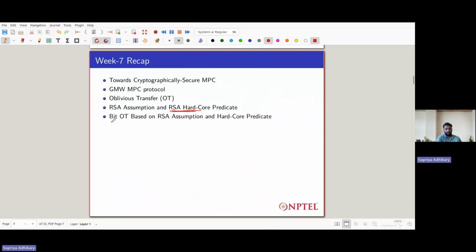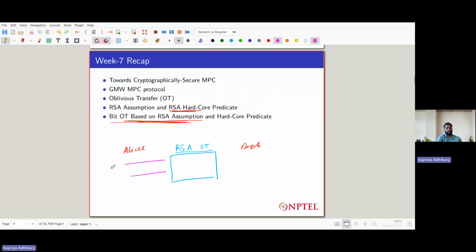We have seen how to construct an OT based on the RSA assumption, that means a bit oblivious transfer basically. Over here we have Alice and Bob, and this was the RSA-based OT.